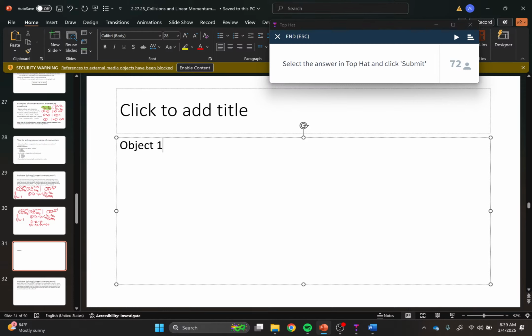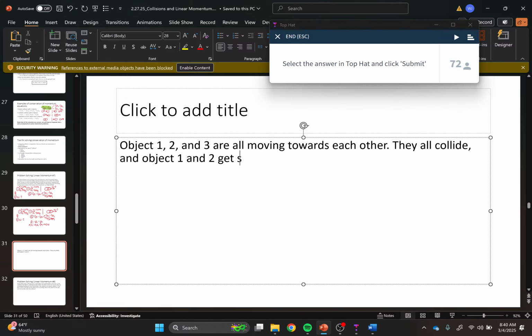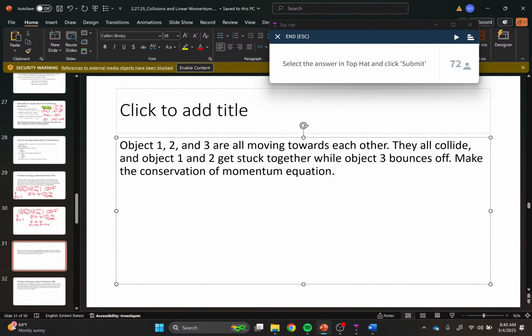Object 1, 2, and 3 are all moving towards each other. They all collide, and object 1 and 2 get stuck together, while object 3 bounces off. Make the conservation of momentum equation.